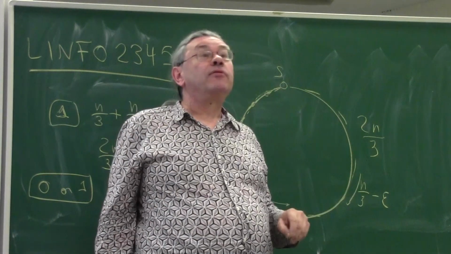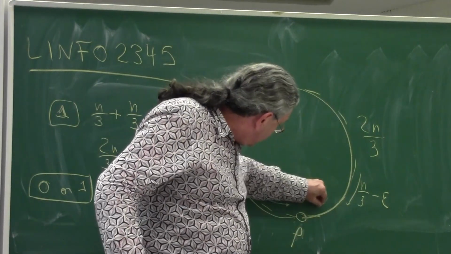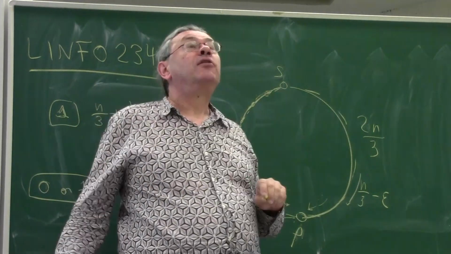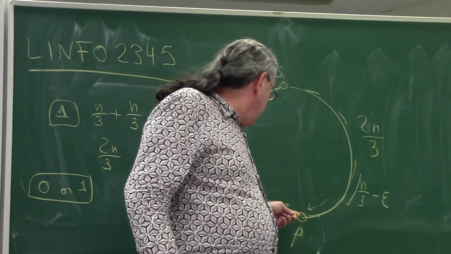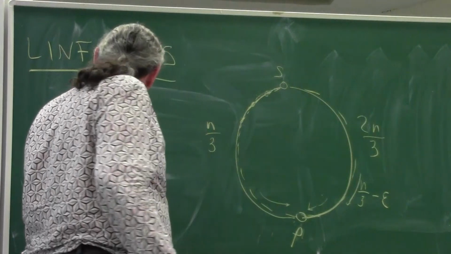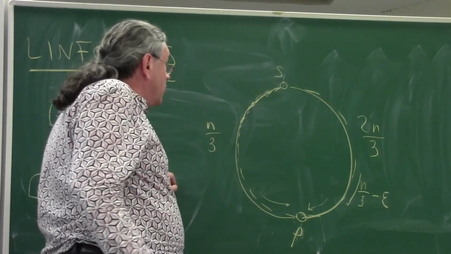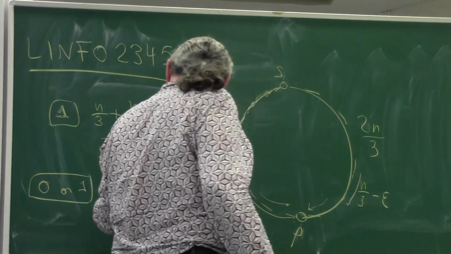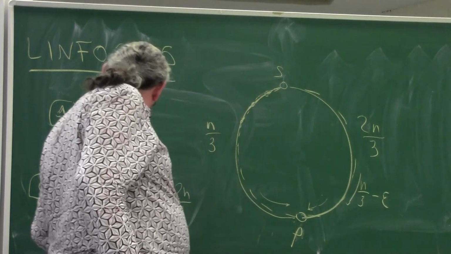So it'll be less than n over 3, minus some small number, epsilon. That means the fastest will be this way, right? That means the link going back will be n over 3. The links going back will be going this way, so 2n over 3. So it's around n. Okay?